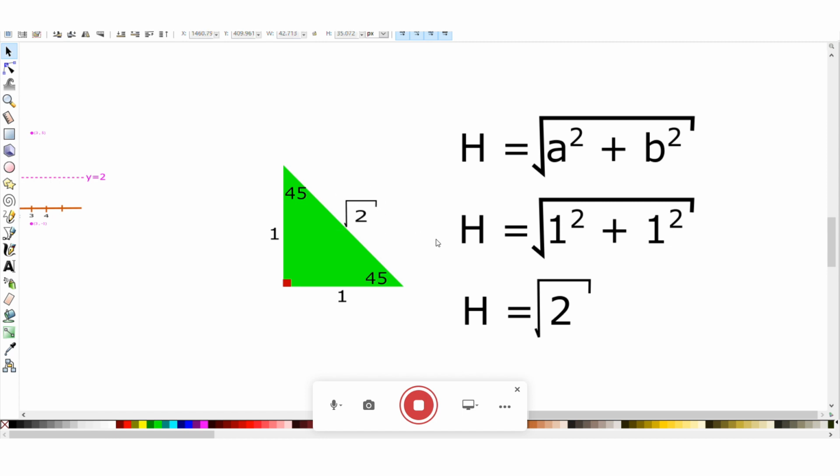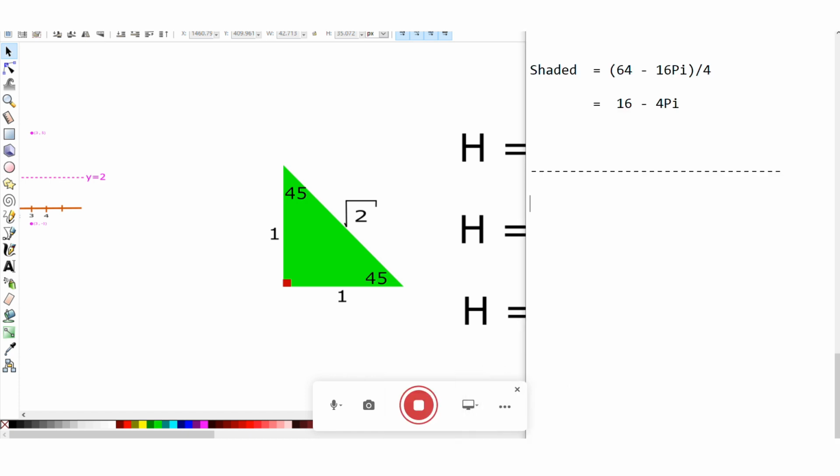Okay? That means to find the sine of 45, let's take this 45 here. Sine is opposite, which is 1, and the hypotenuse is the square root of 2. So it's opposite divided by hypotenuse, which is 1, the length of the opposite side, divided by the square root of 2.